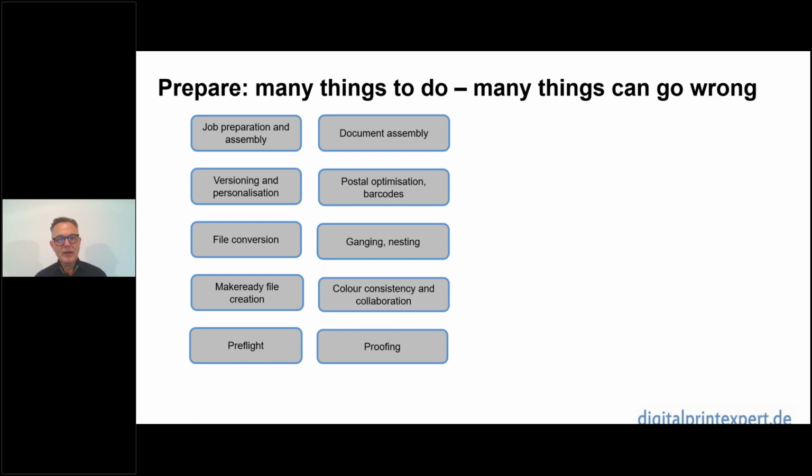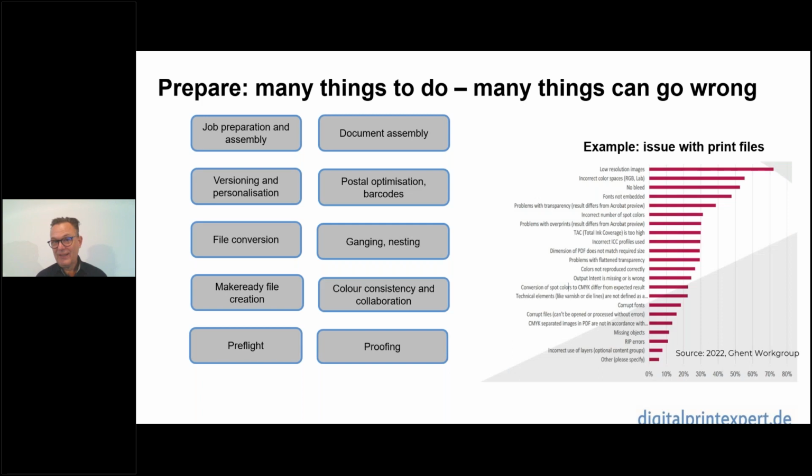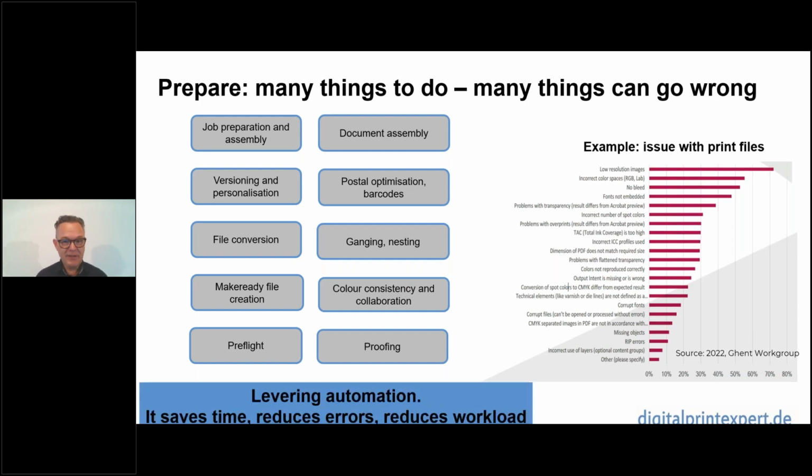But even easy things like online proofing, file conversion, or preflight can cause a lot of errors. A lot of things can go wrong. So looking at automating them makes a lot of sense, because automation for checking the files saves time, helps in reducing errors, and reduces the workload for the people involved.